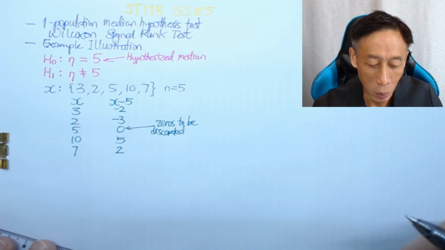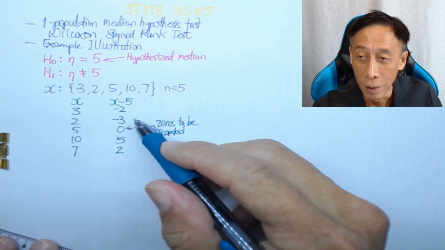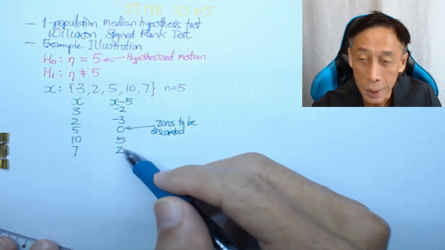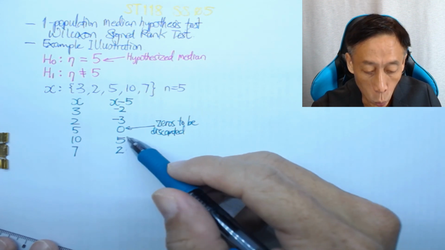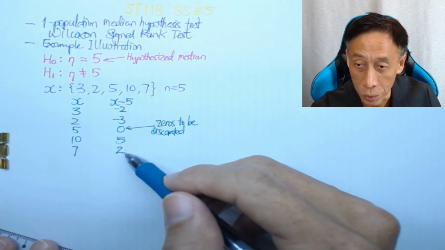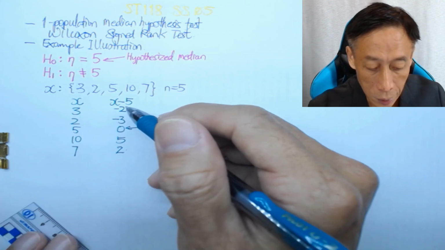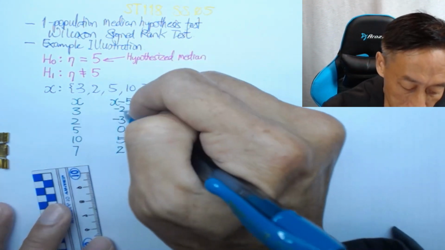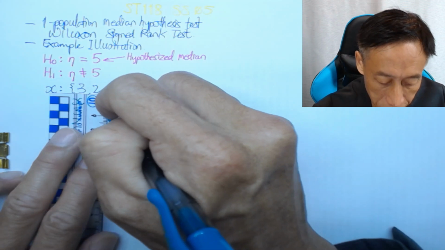Because it is causing problems, we are going to look at the positive ranks and the negative ranks. These are not ranks, these are values, right? We're going to rank them. So right now, our so-called net data will be this set over here.